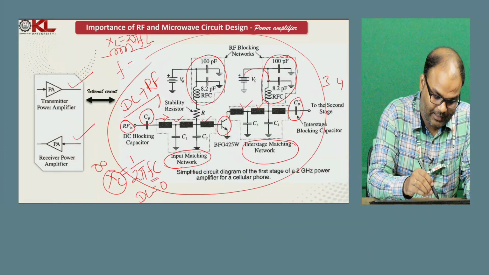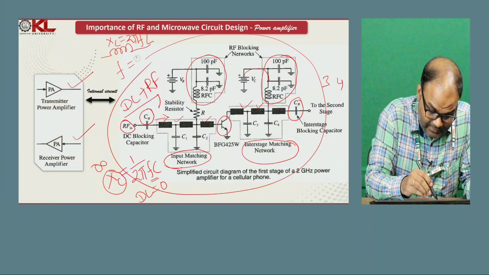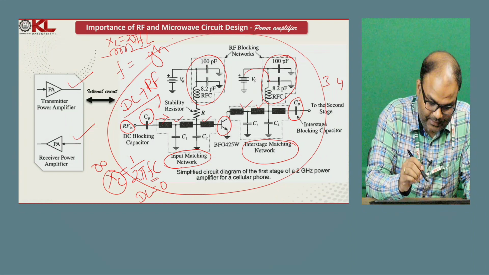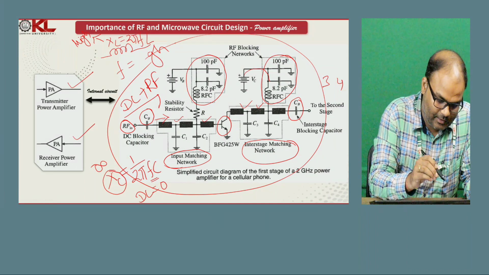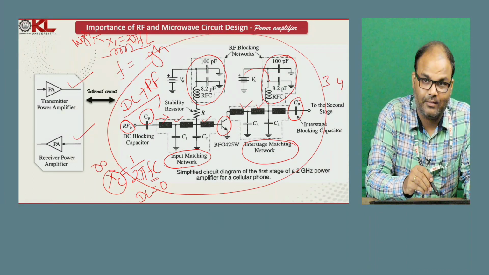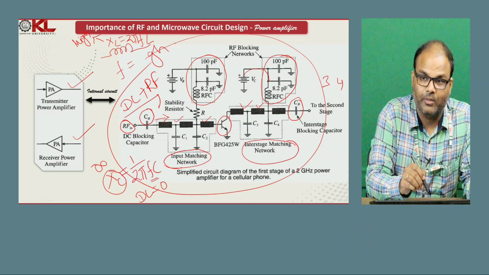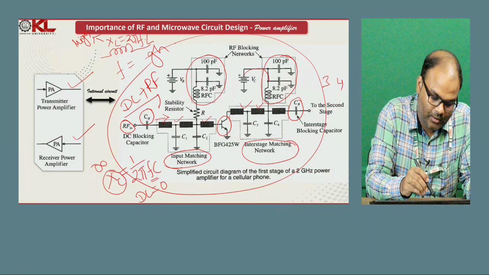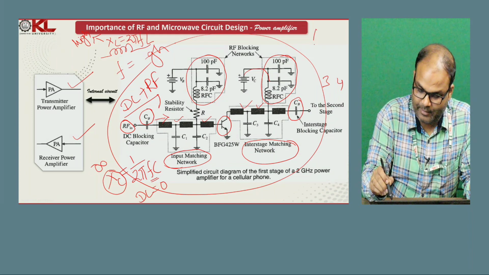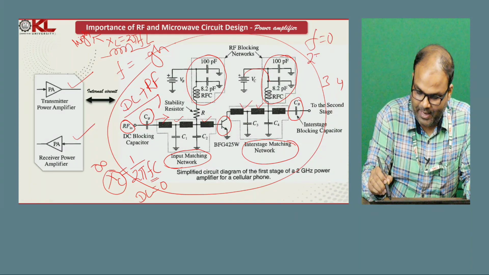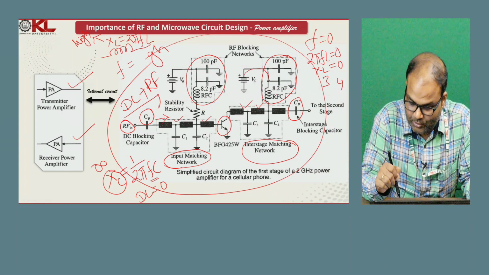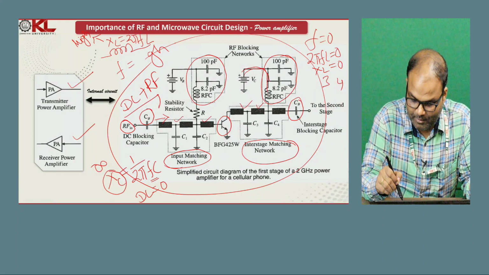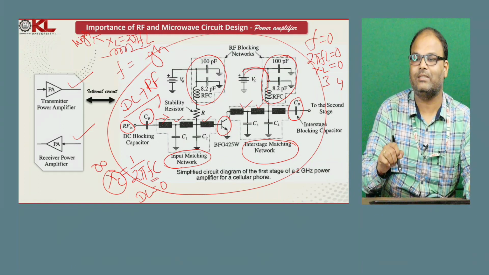If the frequency is high, then XL is also high, and due to that the inductor gives a more opposing path to radio frequency. But for low frequency, that means DC, frequency equals 0, so 2 pi FL is 0, that means XL equals 0, so it gives a low resistance path to DC. Here we are giving the biasing, so the DC is what is required.